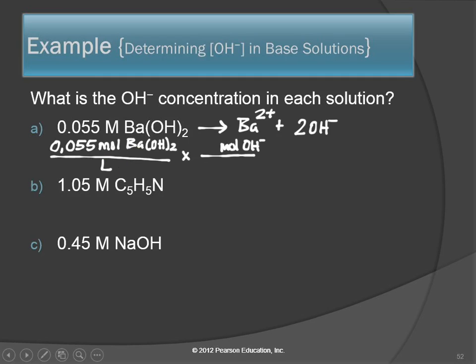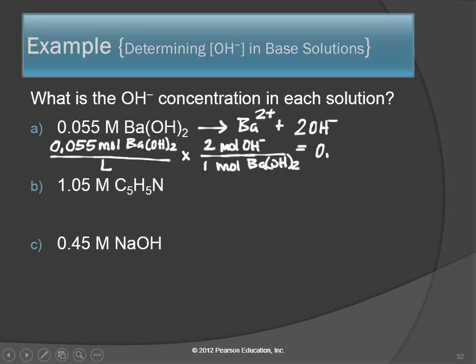I need moles of barium hydroxide to go away. So looking at this equation here, I get 2 moles of hydroxide for every 1 mole of barium hydroxide.